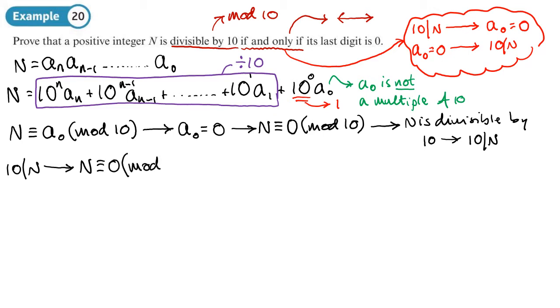There's going to be no remainder. If there's no remainder, that must mean that the last digit is 0. And that completes our proof, the if and only if proof. So we've proved that if the last digit is 0, the number is divisible by 10. And the other way around, if a number is divisible by 10, the last digit must be 0.